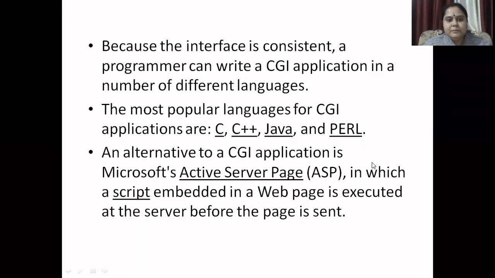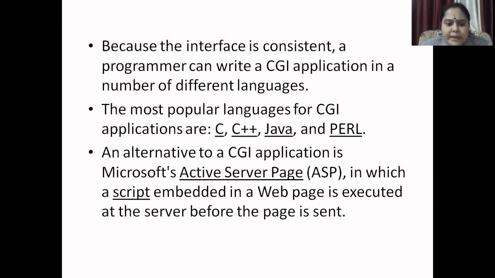Next, because the interface is consistent, a programmer can write a CGI application in a number of different languages. The most popular languages for CGI applications are C, C++, Java, and Perl.